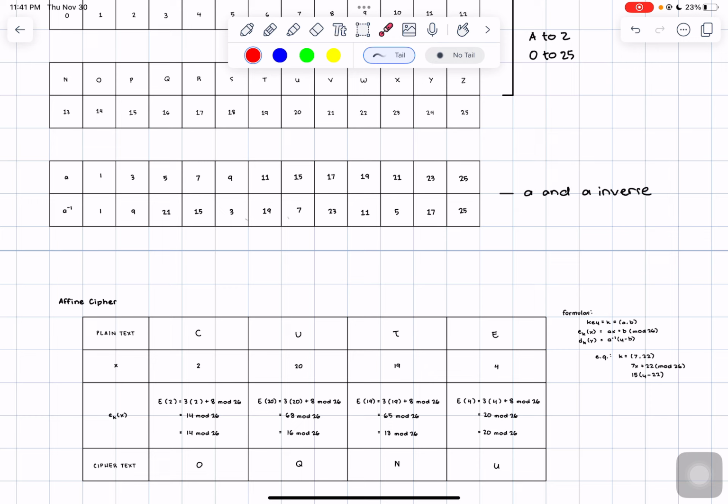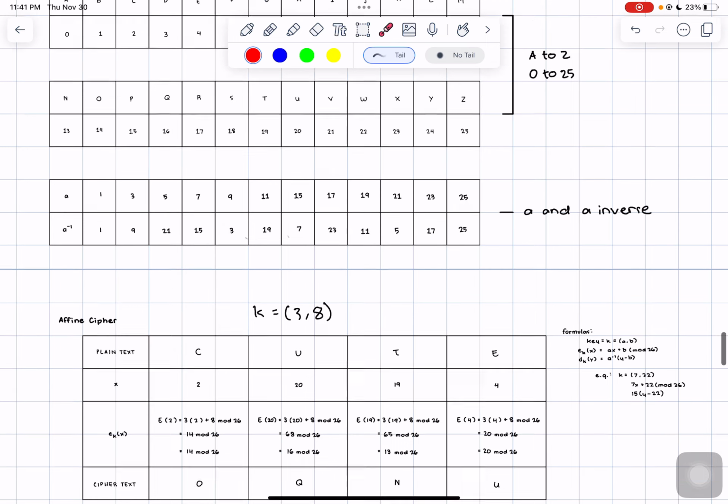Now let's apply it with an example. Let's encrypt the text cute, C-U-T-E, with key values of, let's say, 3 and 8. First thing that we have to do is find x, or the numerical equivalence of each letter.